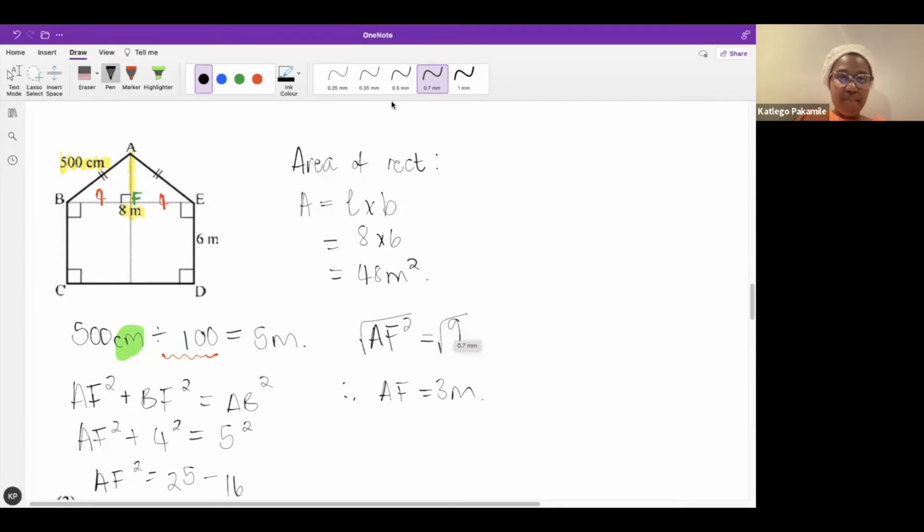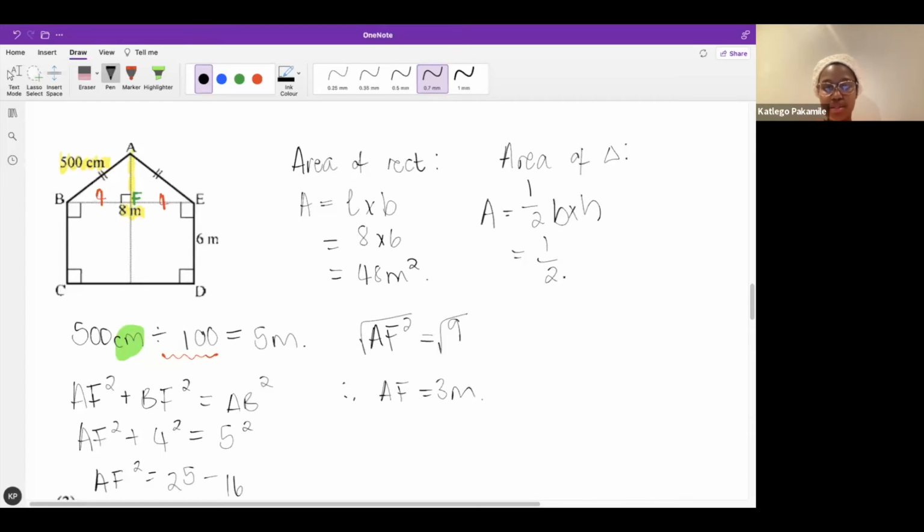Okay, now we have our perpendicular height. Area of a triangle formula. Let's go. I will write it down just now. Thank you, Tammy. So now we have area of a triangle. Area is half the base times the height.